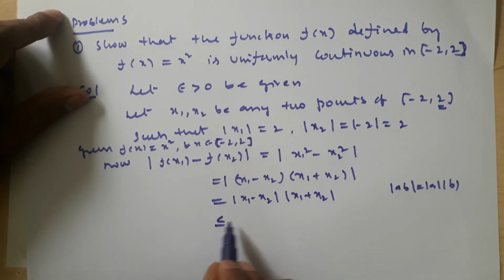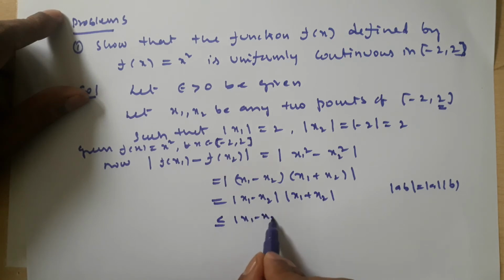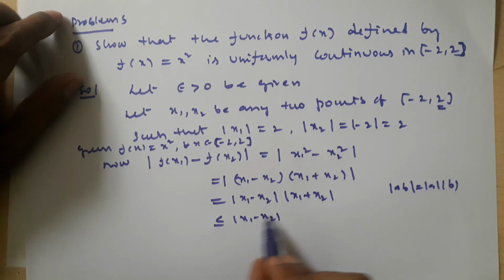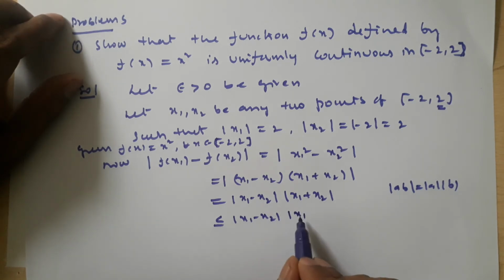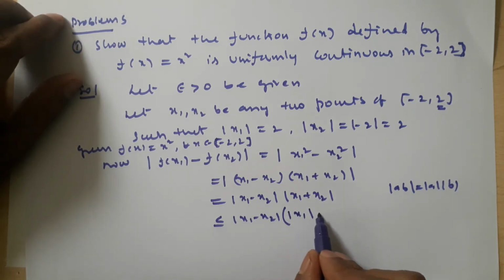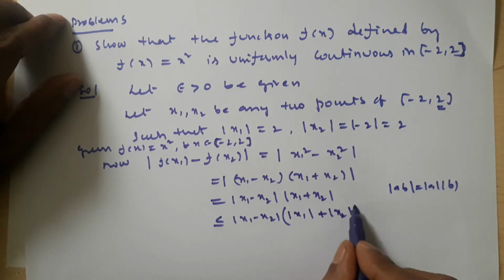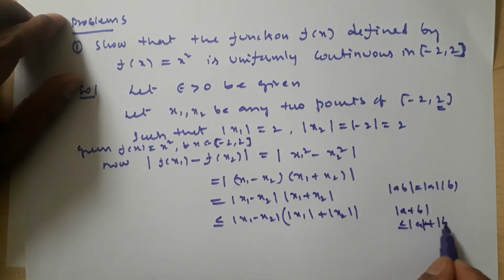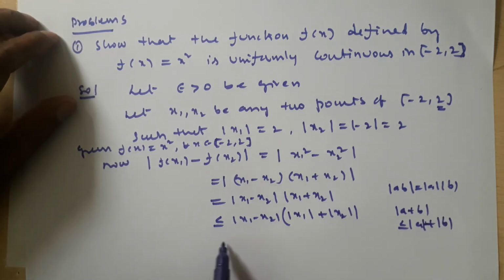This is less than or equal to mod x1 minus x2 as usual, and this is a plus b. A plus b is less than or equal to mod a plus mod b, so mod x1 plus mod x2. Right.